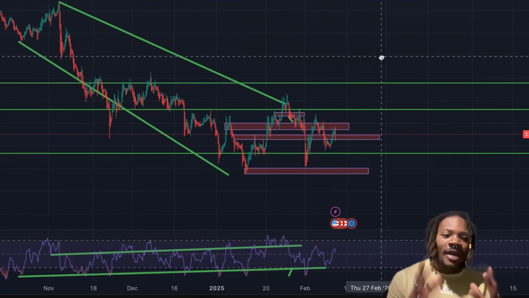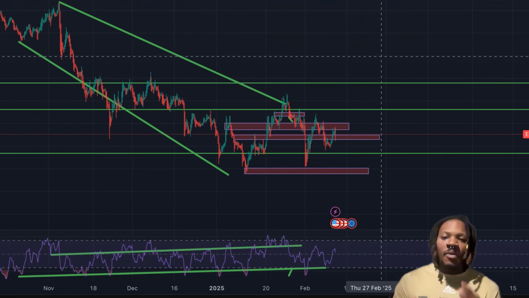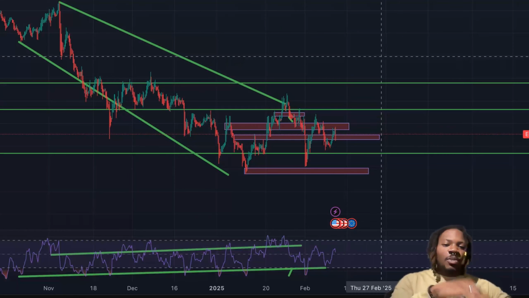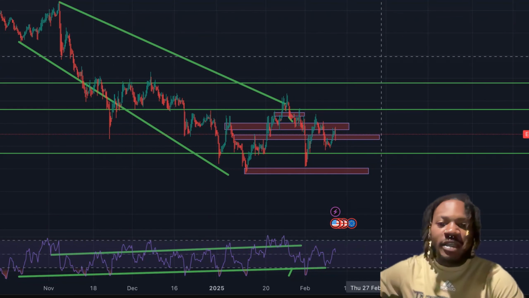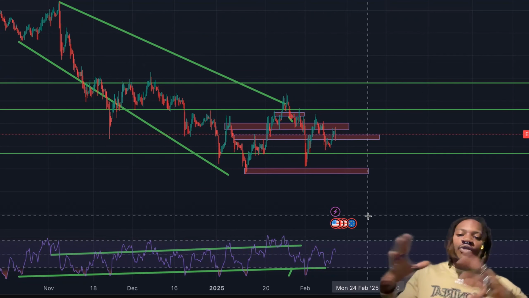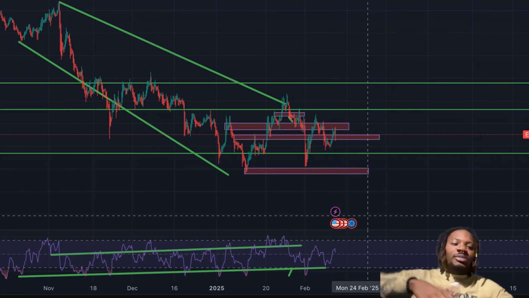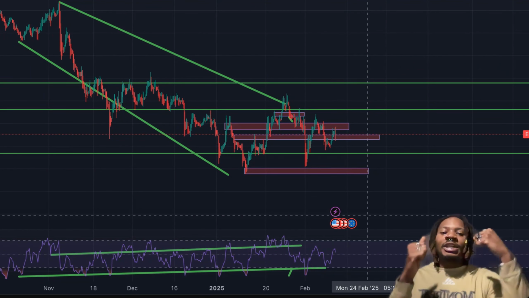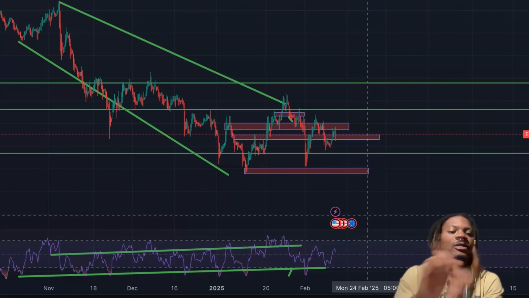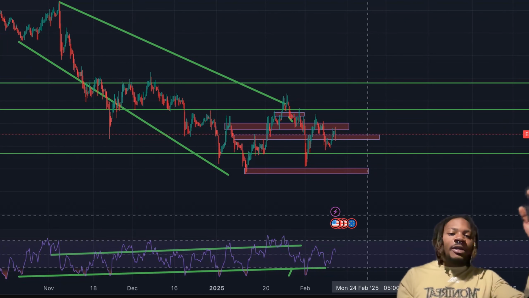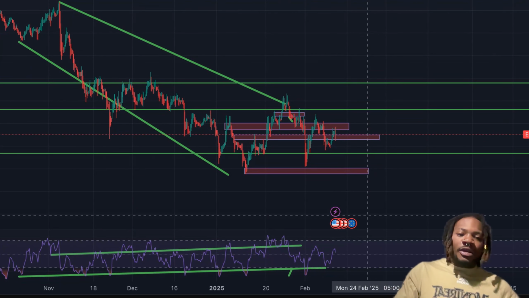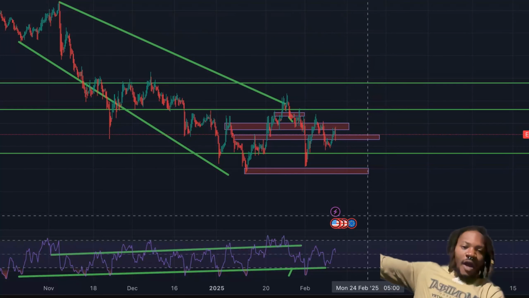That's a discrepancy in the markets that tells us things are probably going to need to reprice in a different consolidation area to balance out with the rest of the market. If it's going down in price but getting stronger versus everything else, then it's probably undervalued, and vice versa. If it's going up in price but going down versus the rest of the market, then it's probably overvalued. You know what I'm saying?